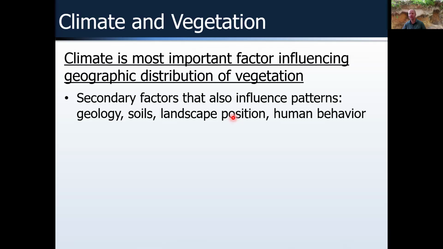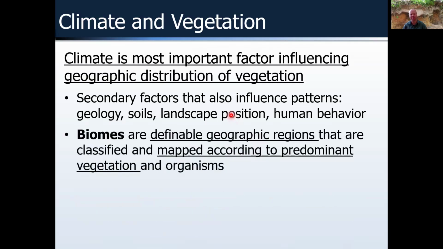So now we're going to look at classification of climates. We'll focus on biomes here. And so climate is the most important factor influencing the geographic distribution of vegetation. So biomes are definable geographic regions that are mapped according to predominant organisms and vegetation. And so what does that mean?